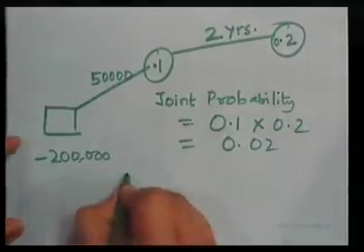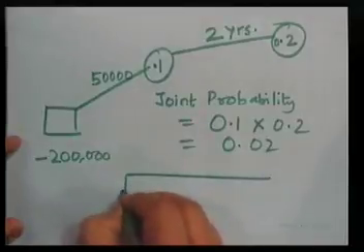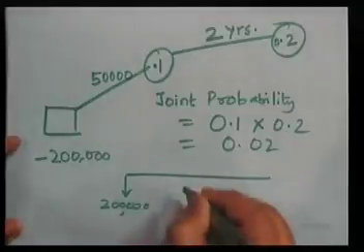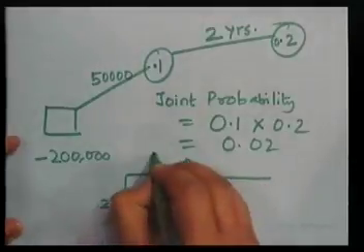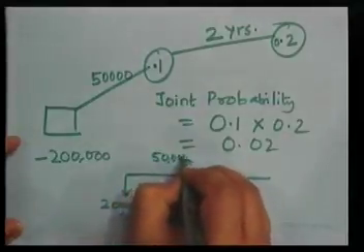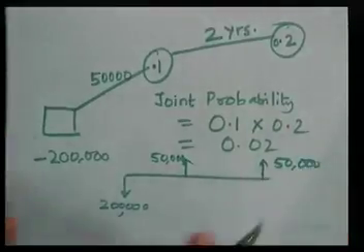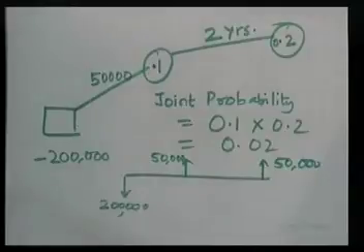So, I can do it by making this a simple cash flow diagram: minus 200,000 and a return of 50,000 for 2 years.